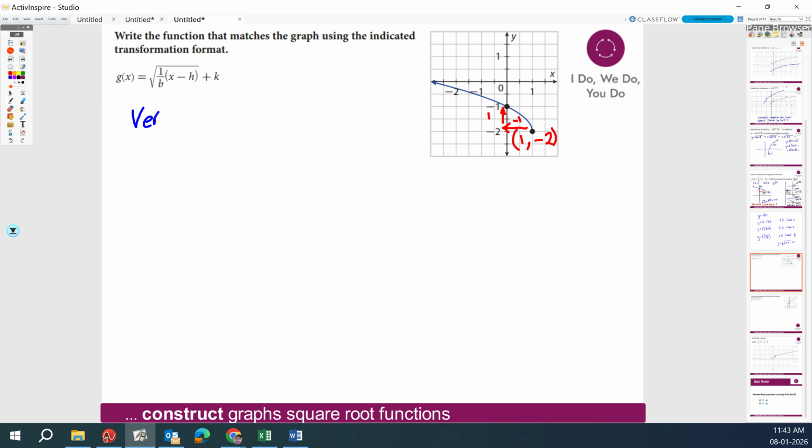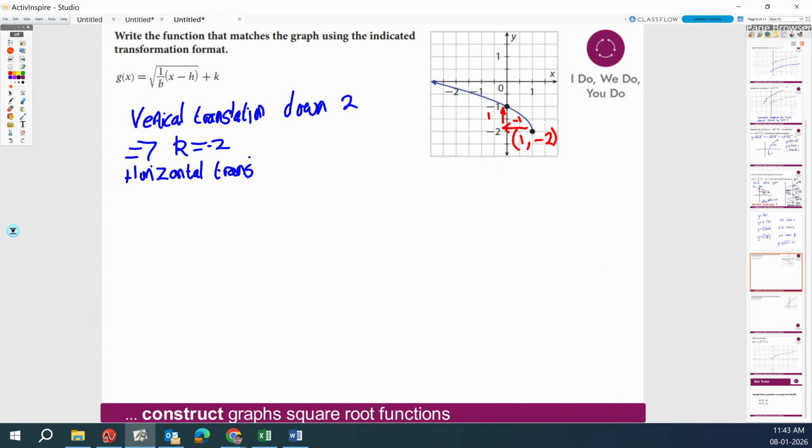We have vertical translation down 2. Horizontal translation right by 1. This tells us h equals 1. So there's no scale factor.